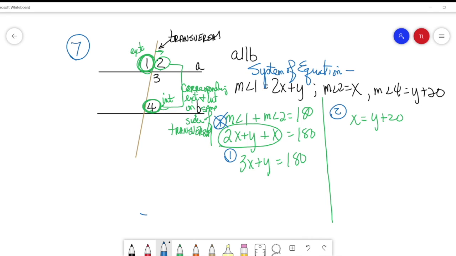Let me give you the name for it. That's called substitution. Substitution is just like you would... Yes. We're going to replace this x. We're going to replace that x. You got that? With what this x equals.